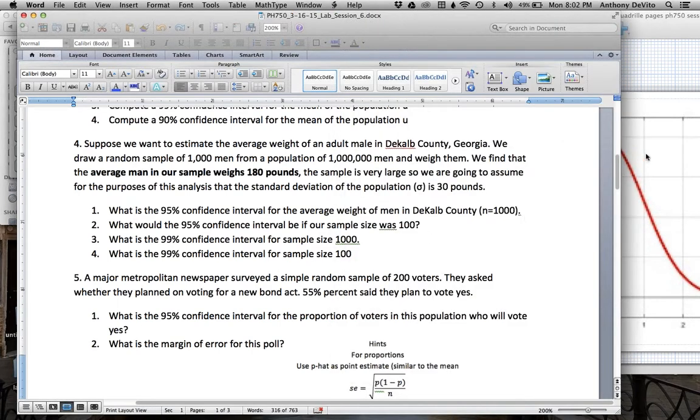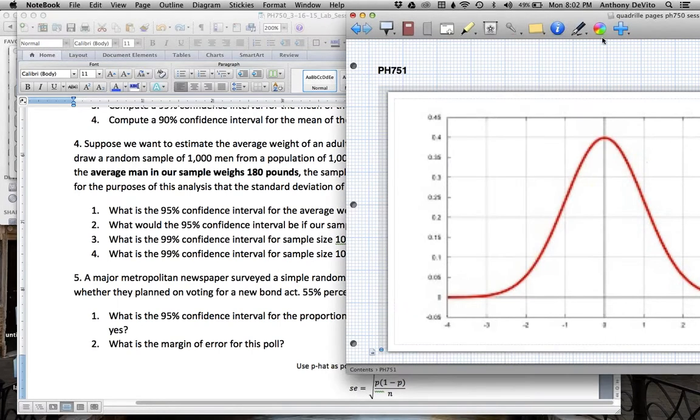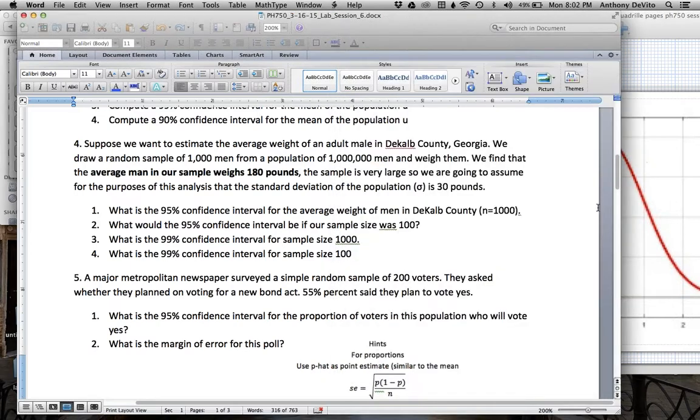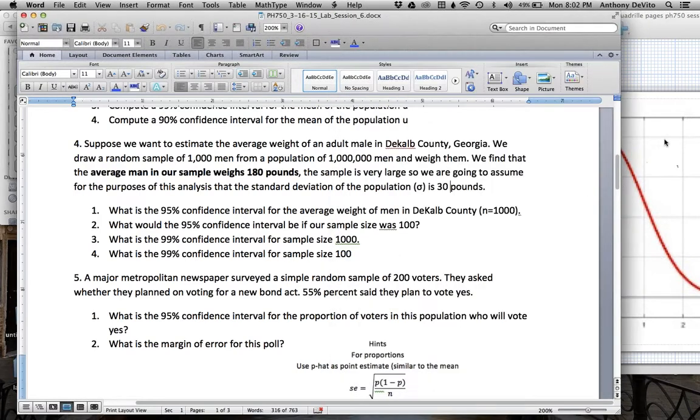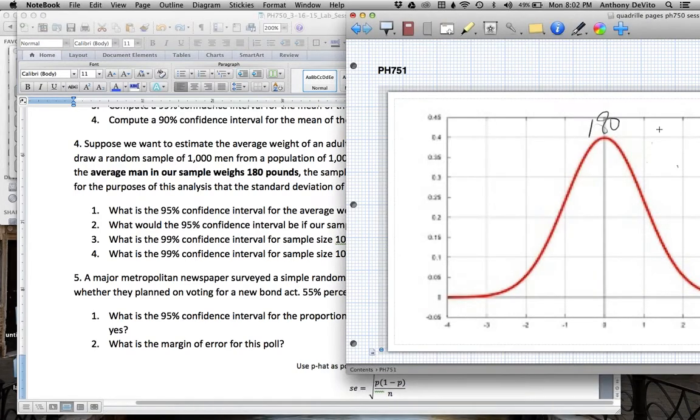X bar was 180, sigma is 30, and my sample size is 1,000. So my standard error is going to be equal to 30 divided by the square root of 1,000.